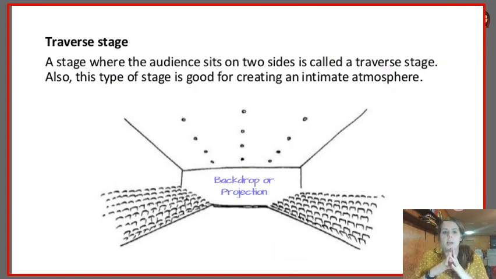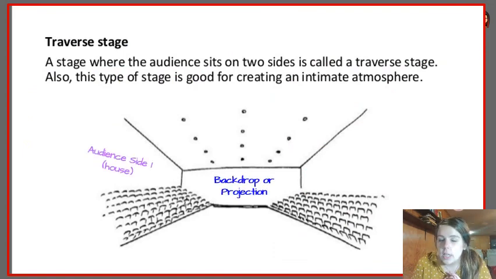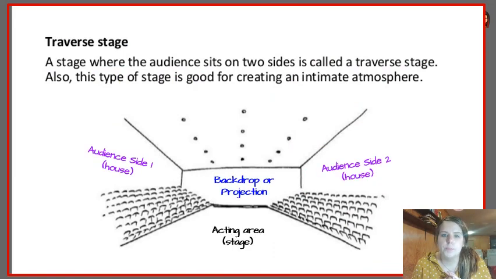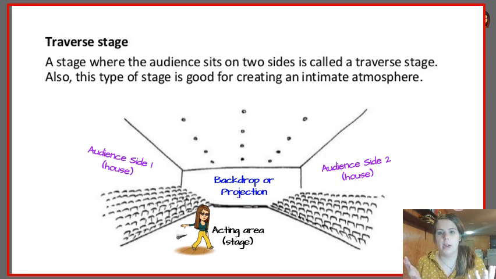We're going to talk about the traverse stage. This one is the least common, right? If I could give a real life example of a traverse stage, it would be our football field, right? Because you've got the home side, you've got the visitor side.